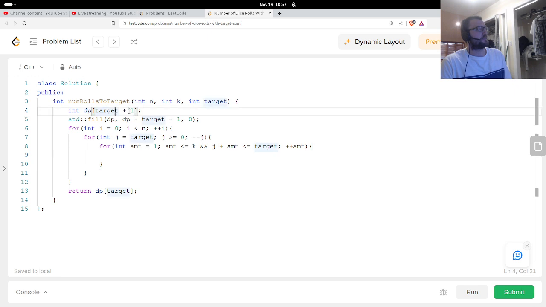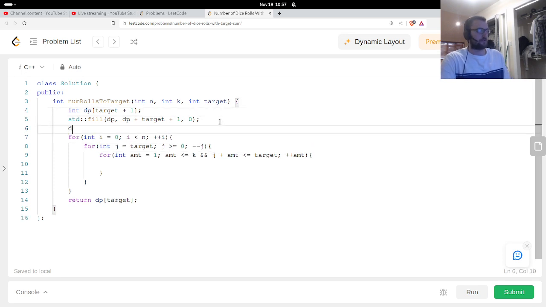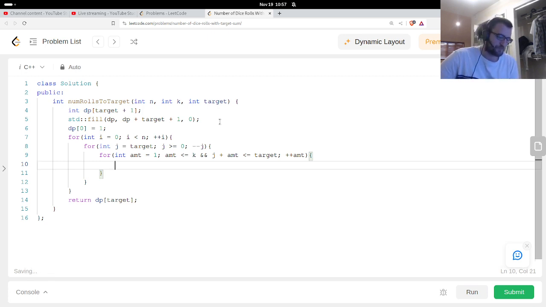At position 0, we're going to set that to a 1. Right, there's one way to get 0. And what I'm going to do is take DP of j plus amount, and add to that DP of j.